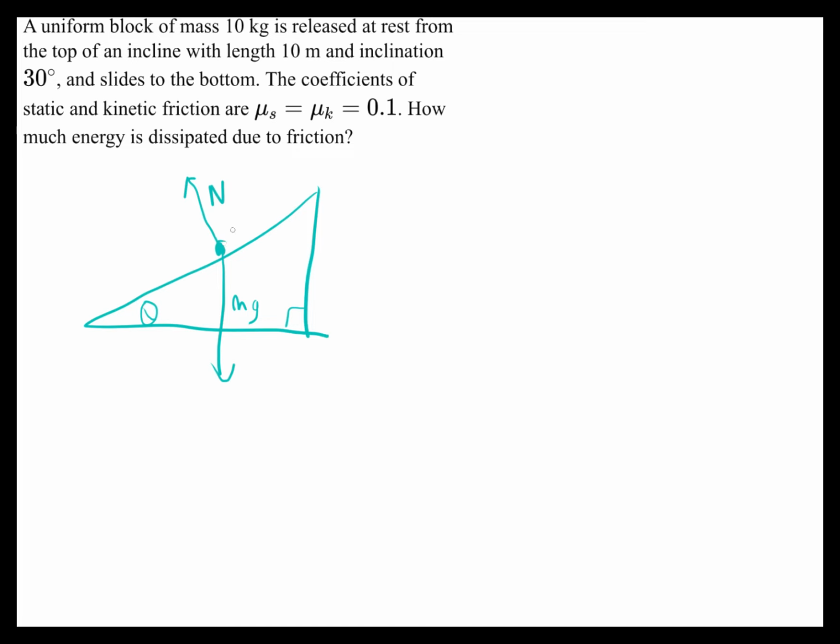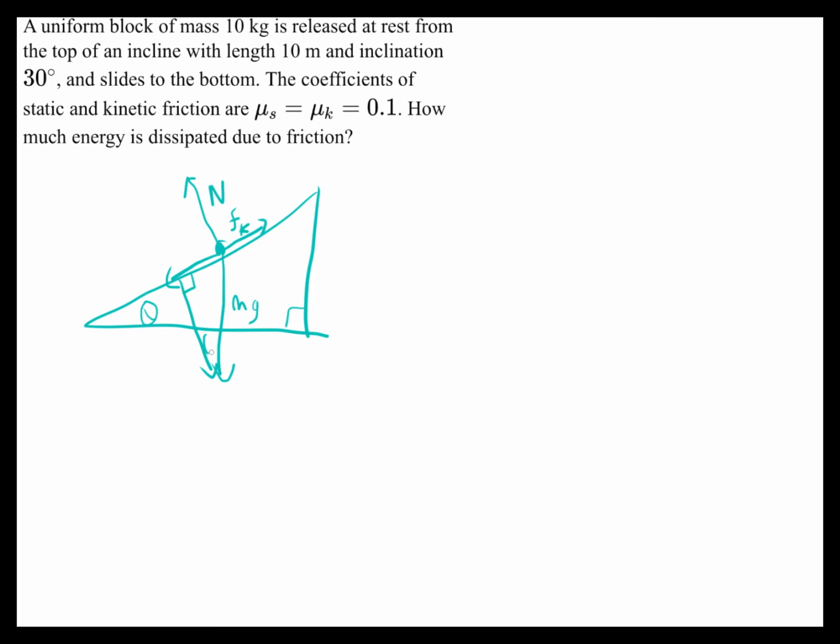And there's also going to be the force of kinetic friction. Since the block is sliding down to the bottom, the force is going to be the kinetic friction that's opposing its motion.